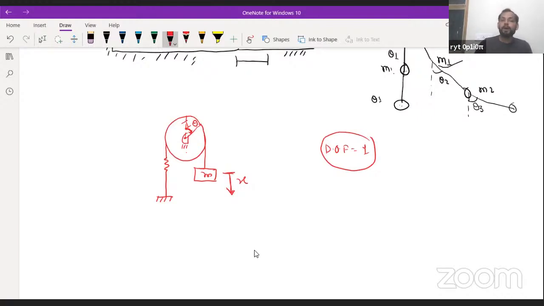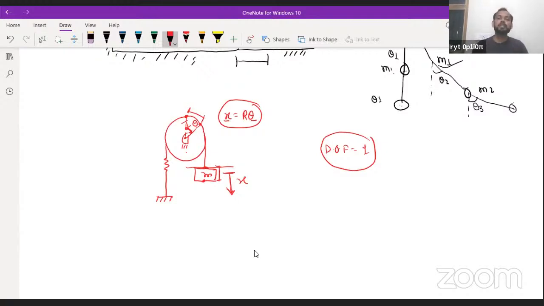For example, if you consider one point here at the initial position, when this point moves from here to here, the same point on the mass moves from here to here. That means this distance is equal to this. So here theta and x are dependent, as you can write x is equal to r theta. That's why this system has 1 degree of freedom.